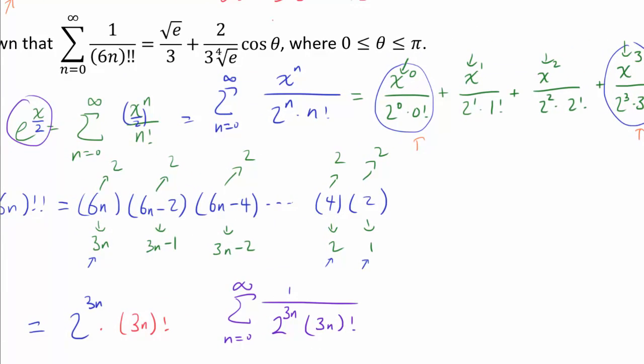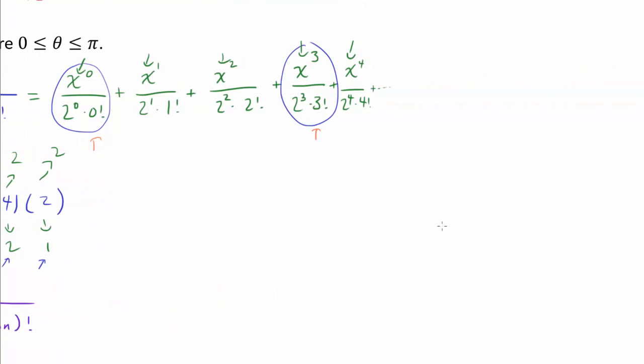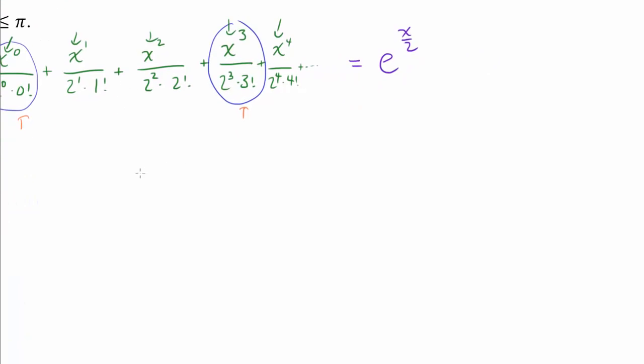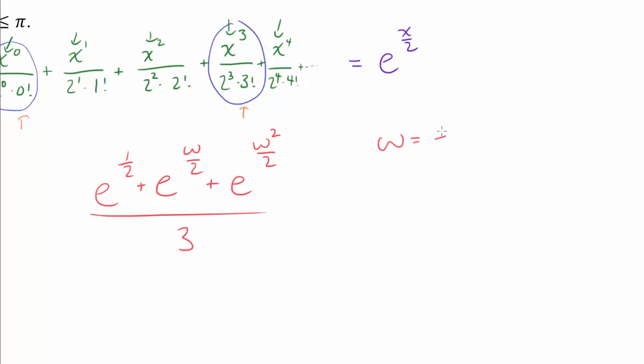And remember that this is e to the x over 2, and we care about every third term, so we wish to plug 1 into x, omega into x, and omega squared into x and divide that by 3, where omega is the cube root of unity, e to the 2 pi i divided by 3, and we know the third root of unity is going to be right here.